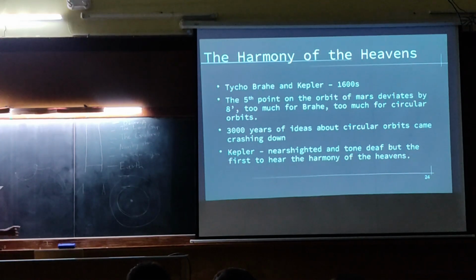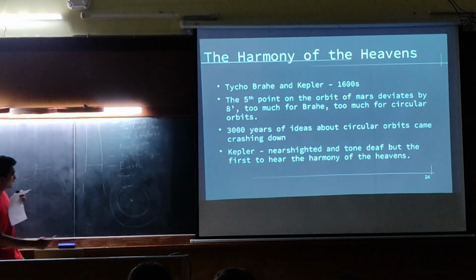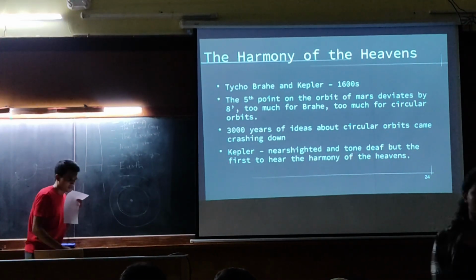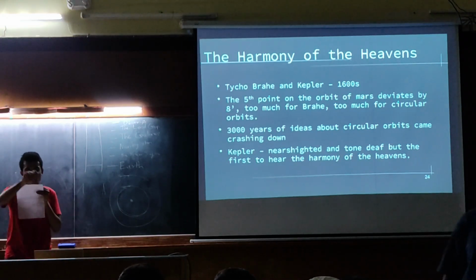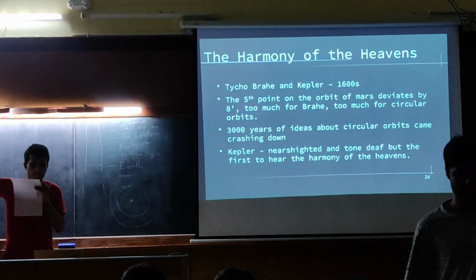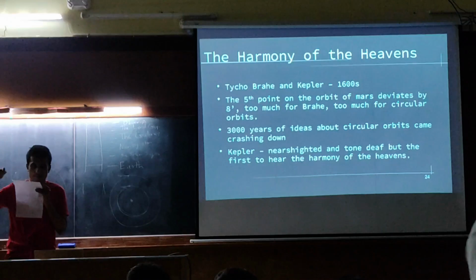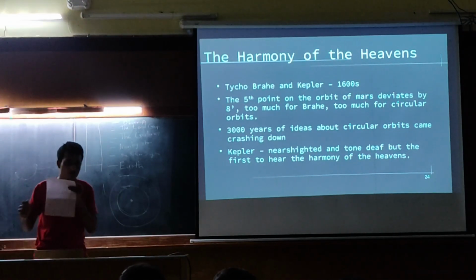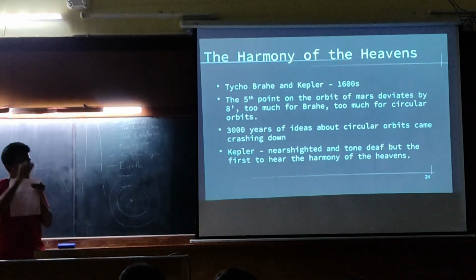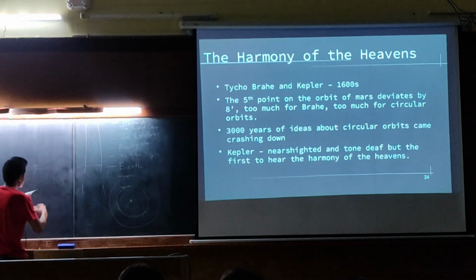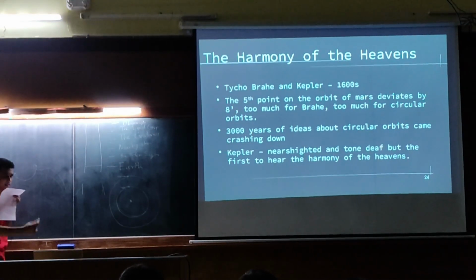So if you consider circular orbits and the heliocentric plane, and then you plot all the points at which, say, a planet, Jupiter, or Mars or Saturn will move, you can get a locus of all the points at which you will expect the planet to move in the future.